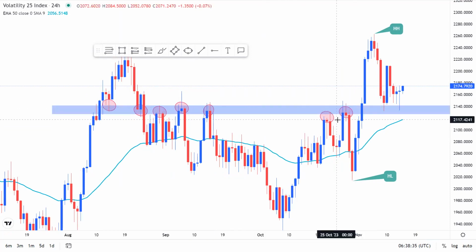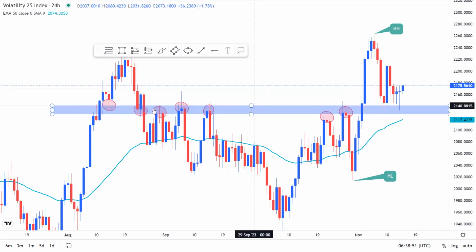I want to see, looking to the left, that the level has been tested a minimum 30 number of times, and I've had to see significant movements in the opposite direction. You can see we've tested this level more than 30 times. 1, 2, 3, 4, 5, 6, 7 times. A minimum 30 number of times, but right about here, you can see we've tested more than 30 times.